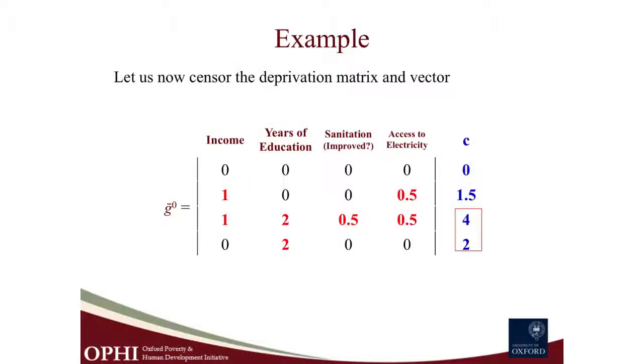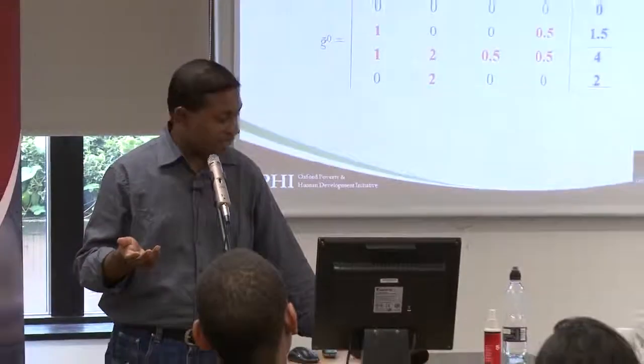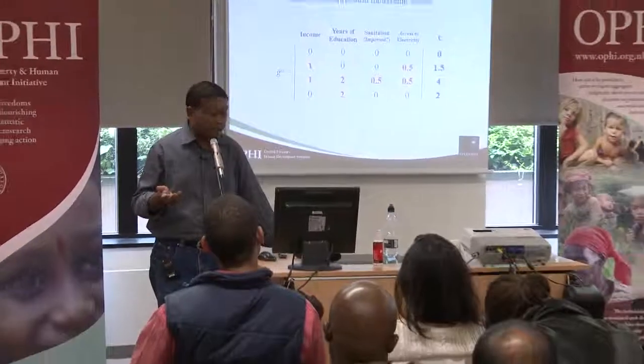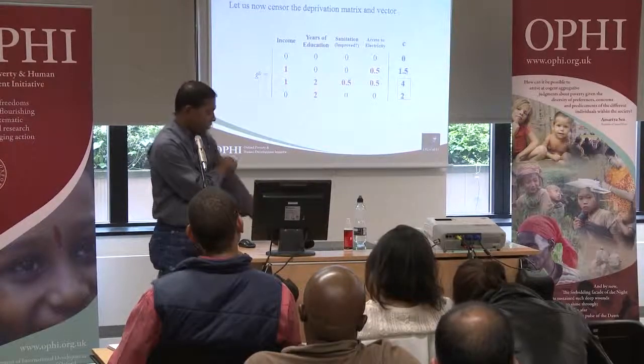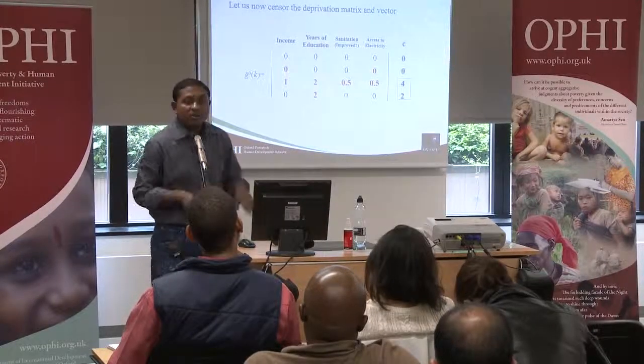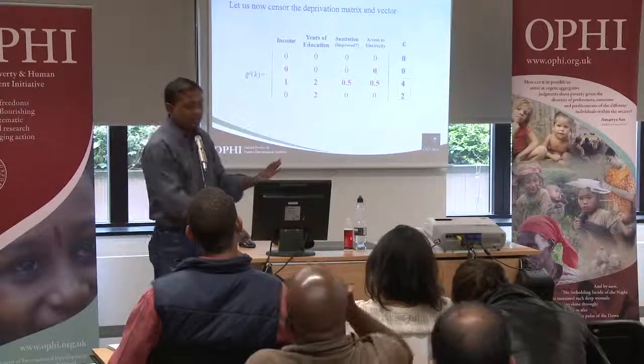Now we censor the deprivation matrix and the vector, and this is how you do it. You replace the elements of the non-poor person by 0 because you just censor them. This is the censored matrix. Look, we did not have a k here. We are adding a k here because, depending on the cutoff, you are censoring the entire matrix.